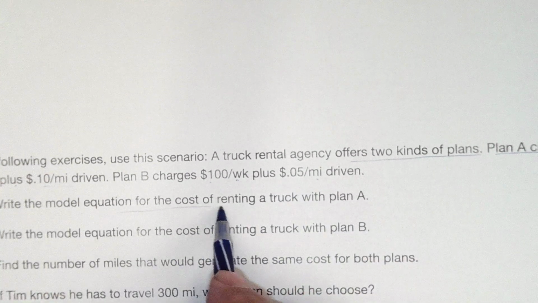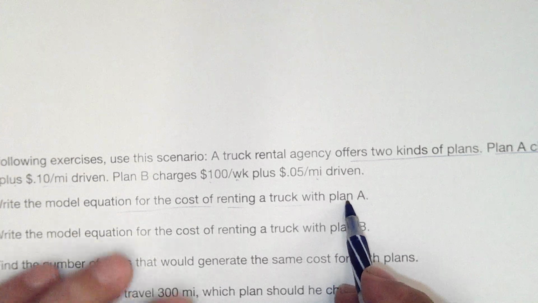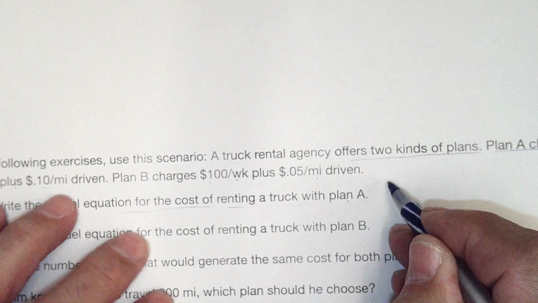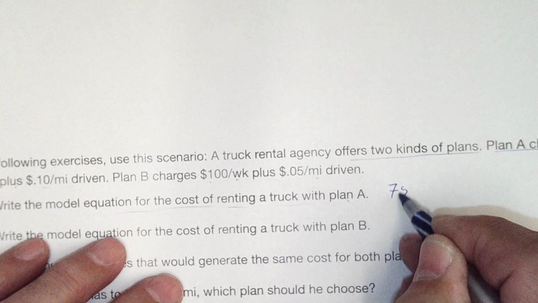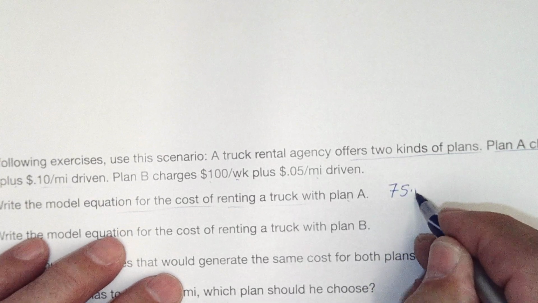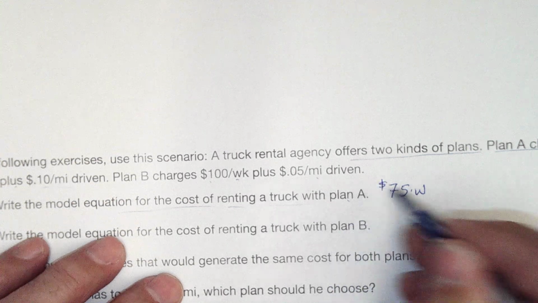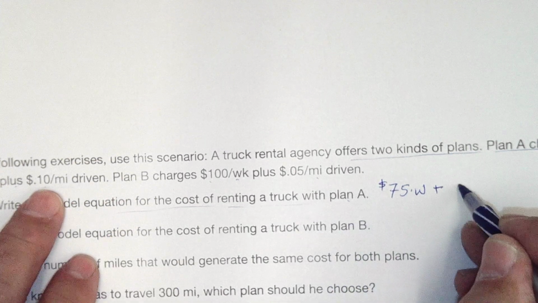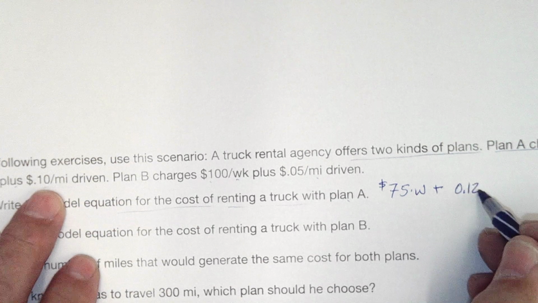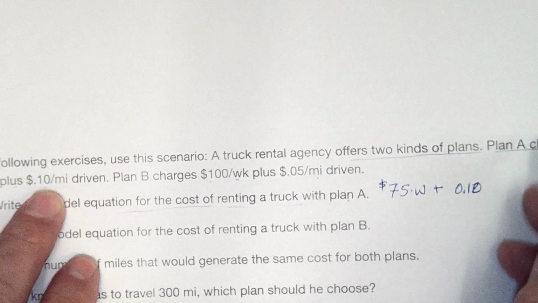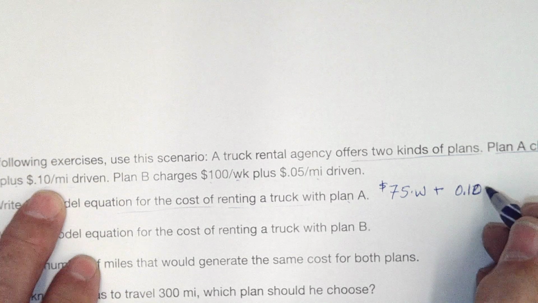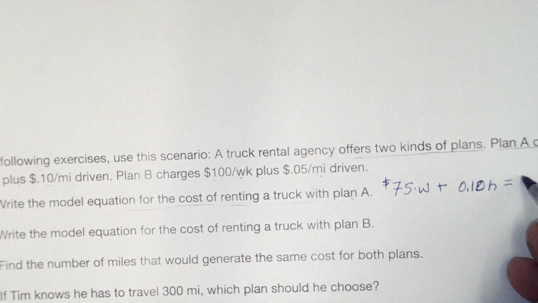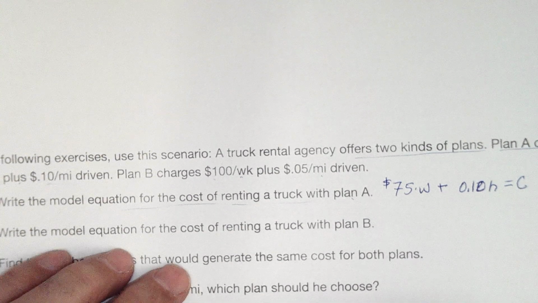Write a model equation for the cost of renting a truck on Plan A. Well, Plan A is going to be 75 times the number of weeks plus $0.10 times the number of miles. That's going to be the cost on Plan A.